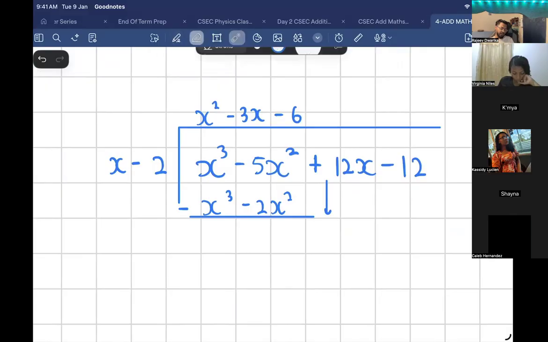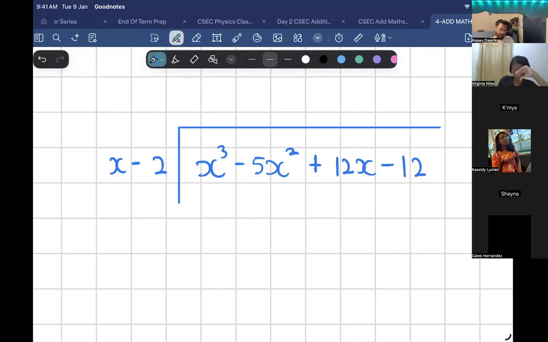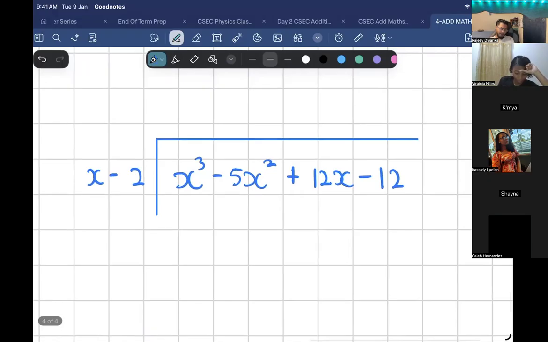I want a volunteer to do this one again. Any volunteers? Yes, sir. Thank you, Caleb. So Caleb, what's the first step? x cubed. How do we go into x? It could be x squared. Then x squared by x is x cubed.